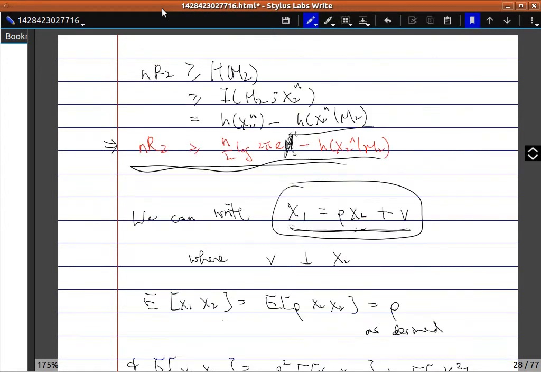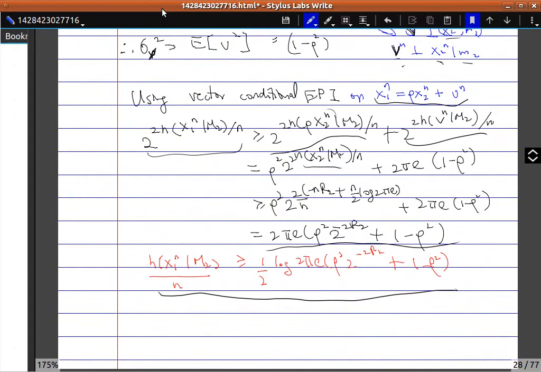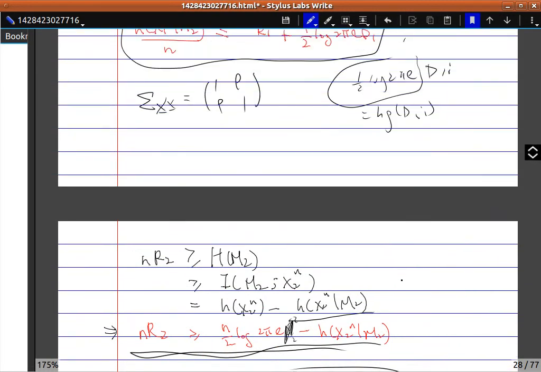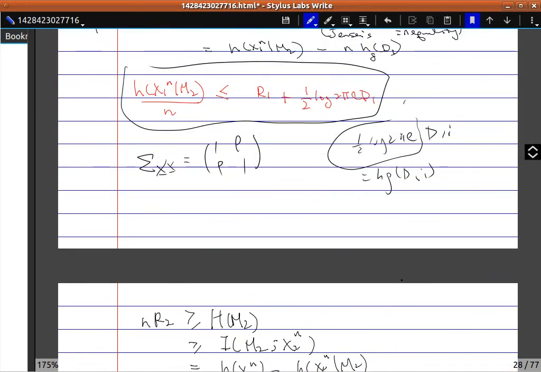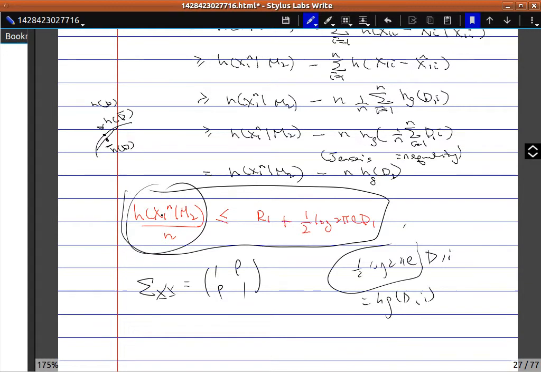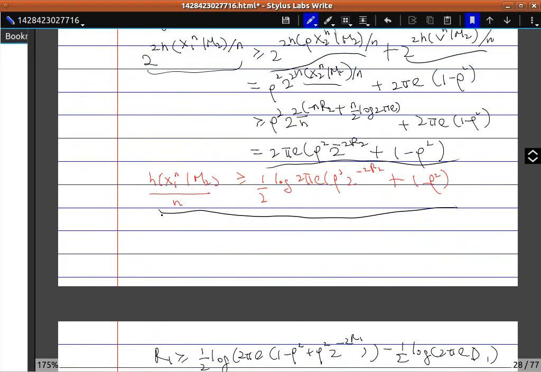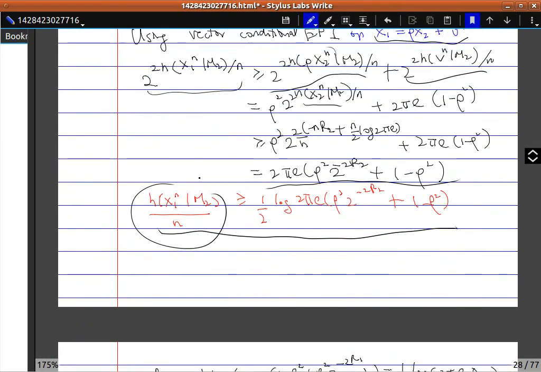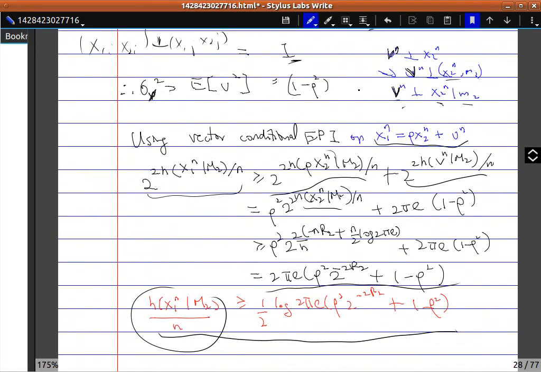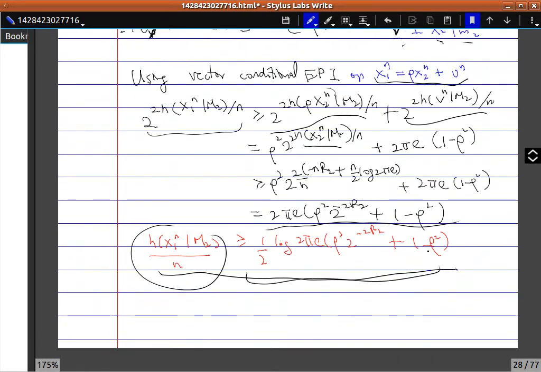Now we have what we just derived, and remember that in another equation earlier, we derived that R1 something is bigger than this one. So this is the same as this one here, right? So we have R1 plus 1/2 log 2 pi e d1 bigger than or equal to this guy here.